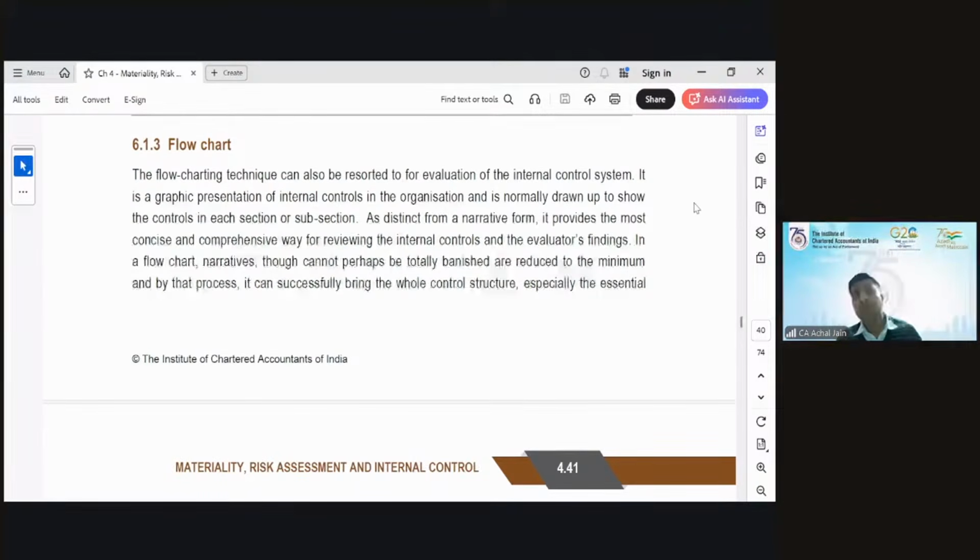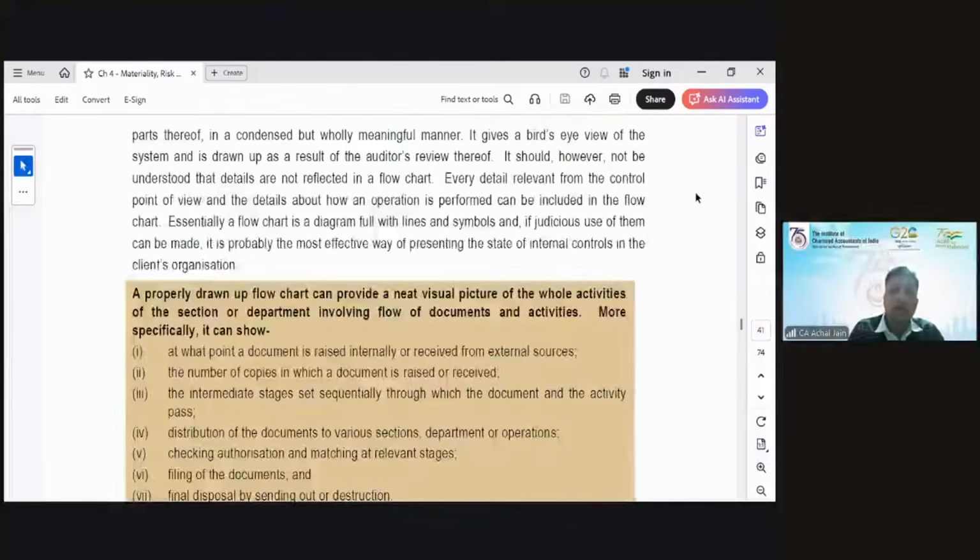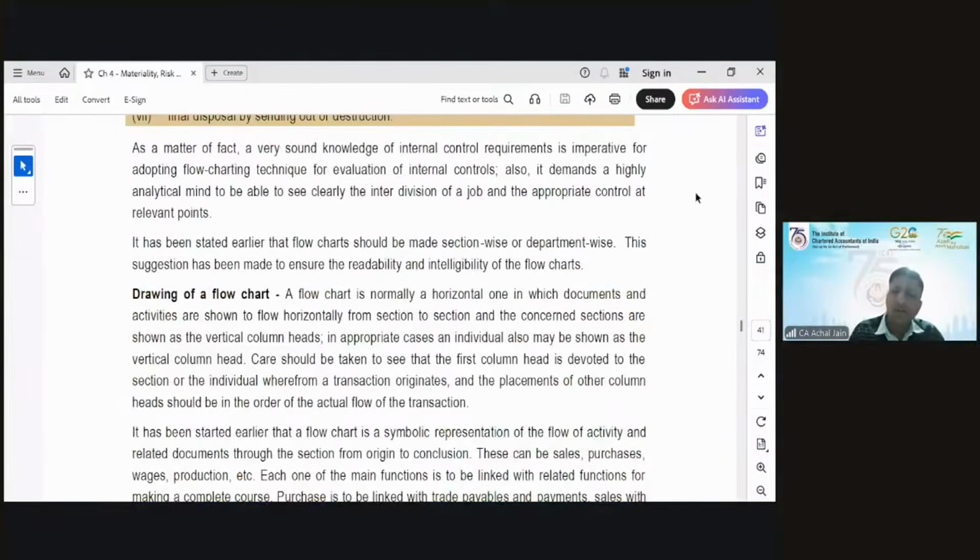But if, let's suppose, that has been put down in the form of a flow chart, so it's not the description which is given, but in a way the description is captured in the form of a flow chart. In such a case, once again, the objective of understanding is achieved, but the auditor will be able to quickly understand.